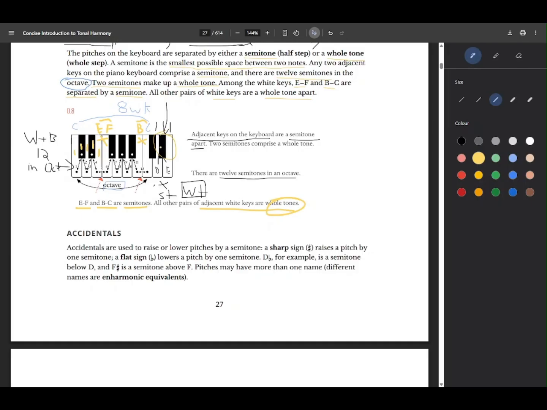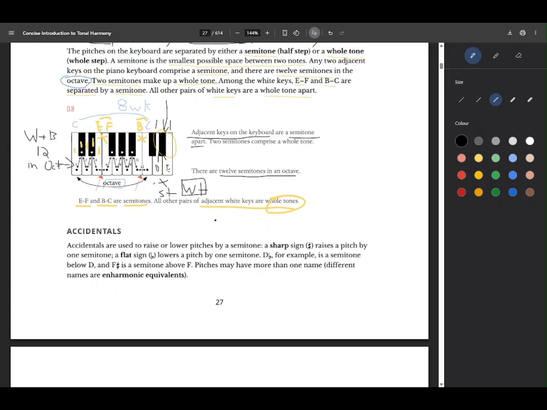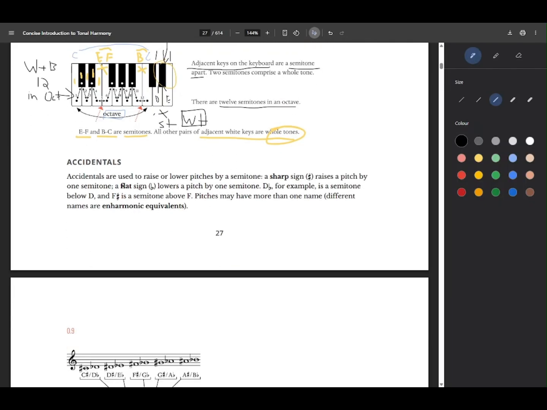Now, how do we represent these black keys that are causing us a problem in our octave? Accidentals are used to raise and lower pitches by a semitone.